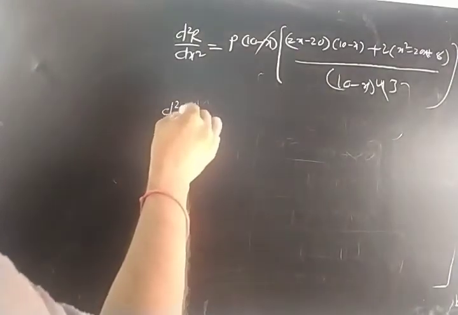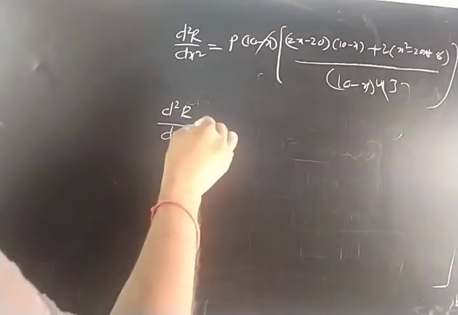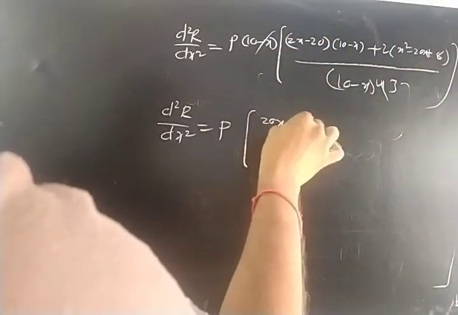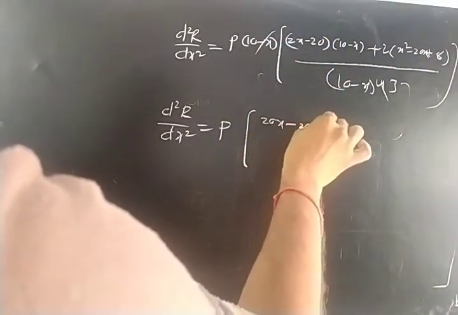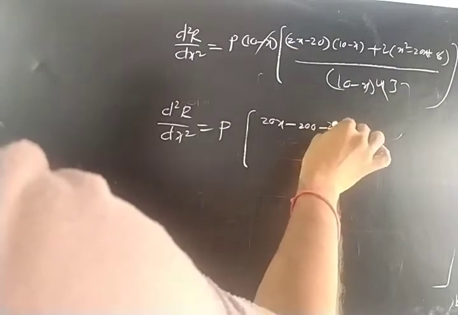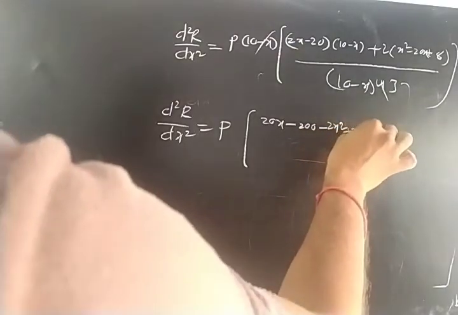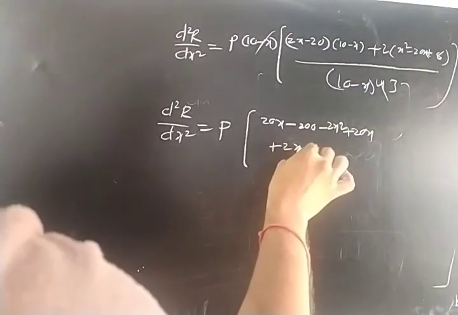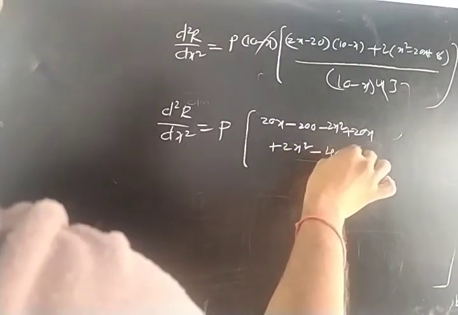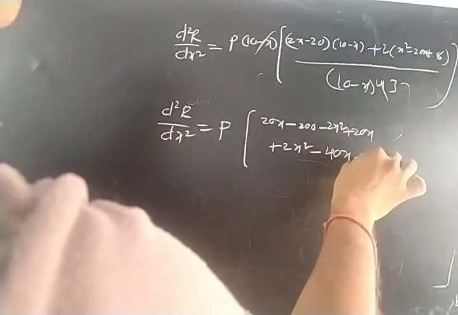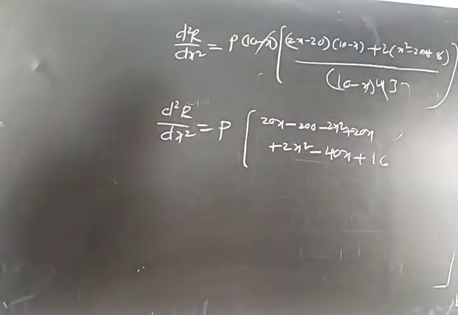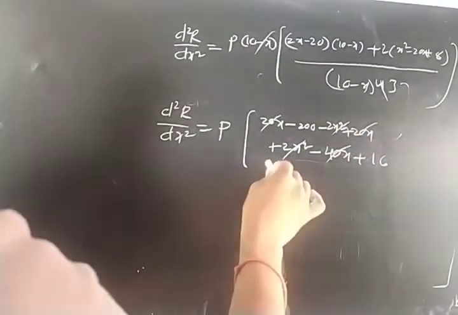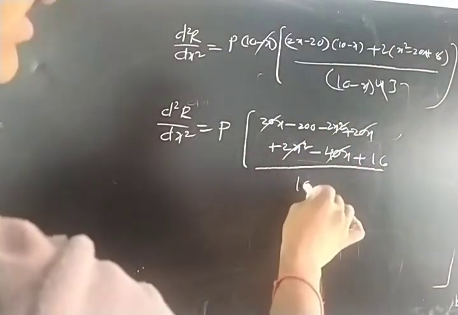So d²R/dx² is P into 2x into 10, 20x minus 200 minus 2x² plus 20x again plus 2x² minus 40x plus 160. So 20x, 40x cancel, 2x² cancel, by (10 minus x) whole cube.